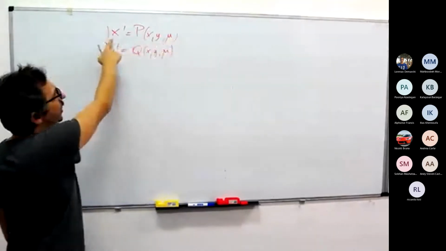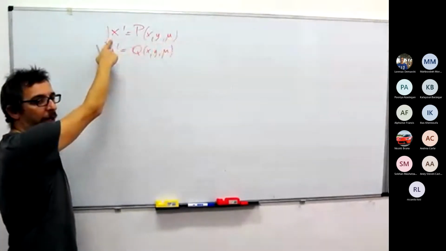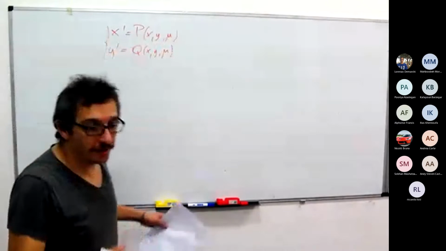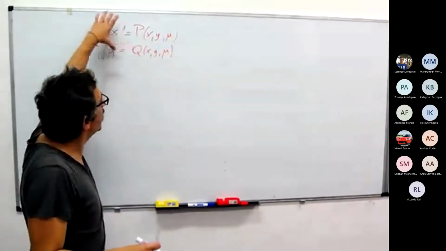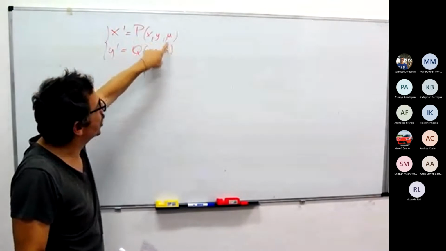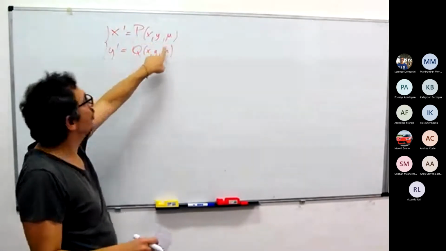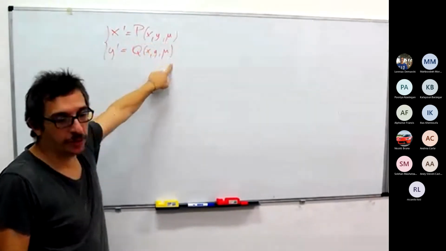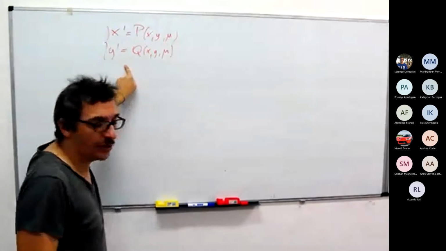Note this mu is not the independent variable, okay? The independent variable here is t. So this system is still an autonomous system. But what I want to see is what happens when I change this mu, because I want to see what happens to the critical points of this system.